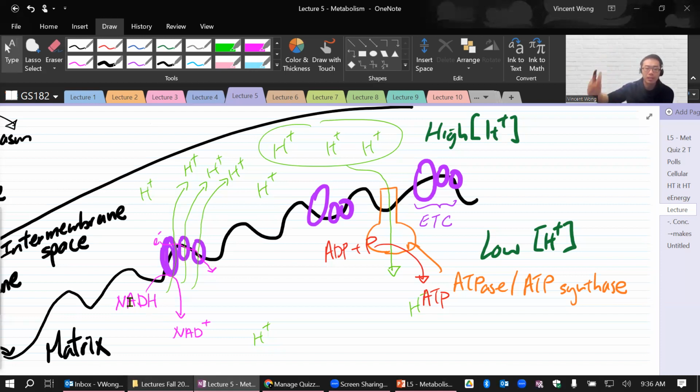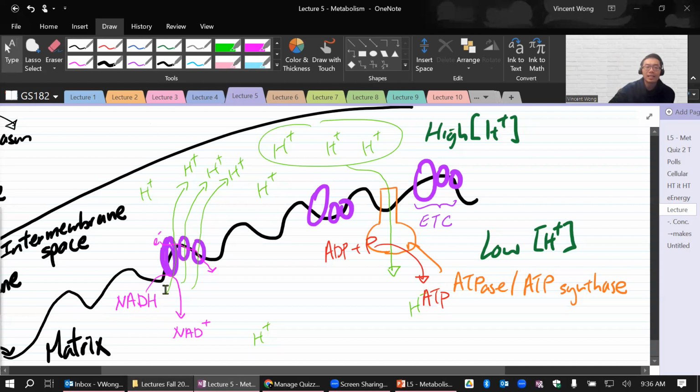We capture all those electrons, and now we bring them to the ETC. ETC just refers to some membrane proteins that are found in the cristae, right? So when the NADH deposits the electron onto the ETC, it becomes empty again. It becomes NAD+. It can go back and pick up more electrons.